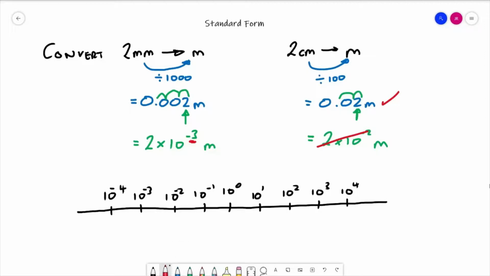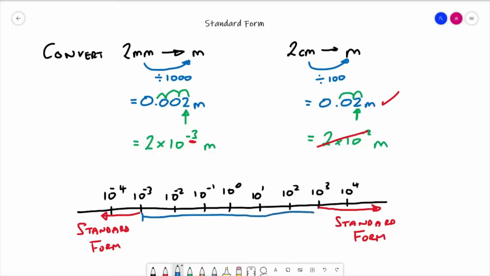In general, as soon as we get outside 10 to the 3 and outside 10 to the minus 3, we're going to use standard form. Obviously on both sides. But if we have any number which is in between there, so in between 1,000th and 1,000, we're just going to express that number normally without standard form.